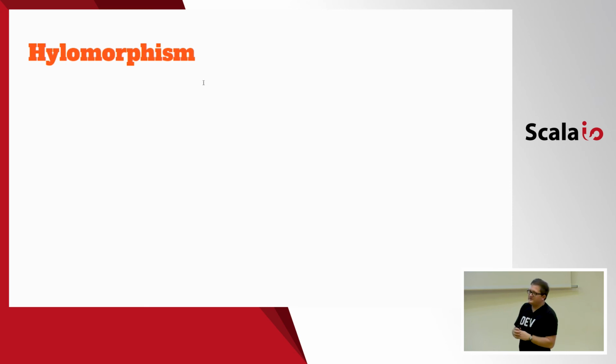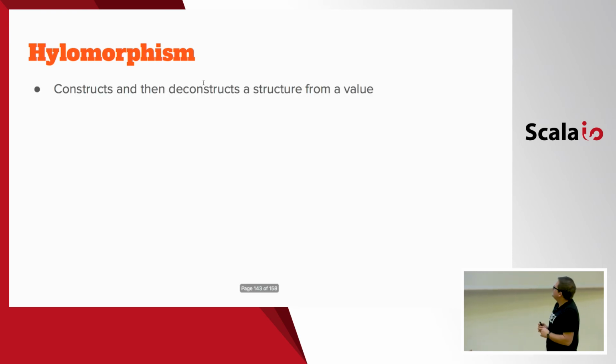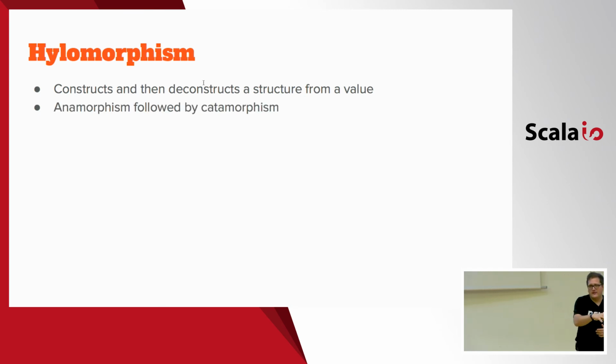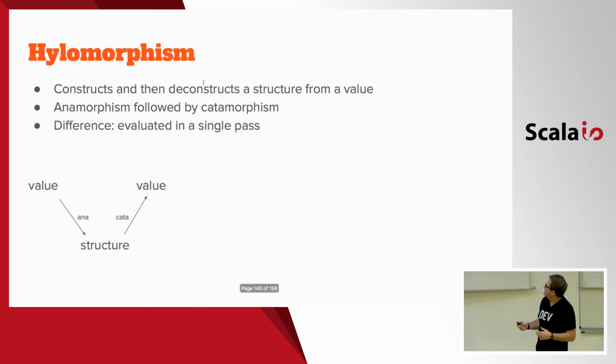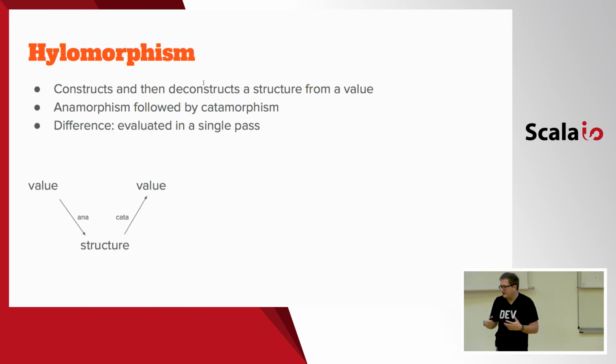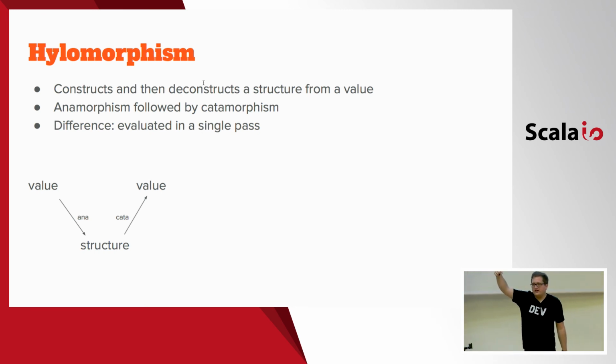Now, hylomorphism, you will understand hylomorphism, let's say, in 5 minutes. Even faster, I think. Hylomorphism is nothing else but constructing and deconstructing a value. So it's just running anamorphism and after that running a catamorphism. In other words, we start with a value, we run anamorphism on it.